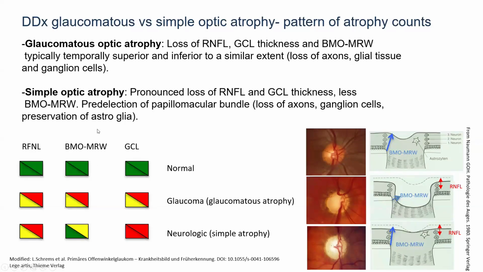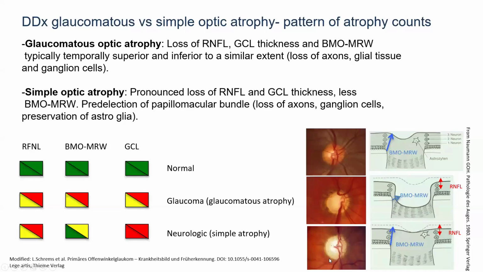This can sometimes be tricky with the rim width due to anatomic changes and variability of the optic nerve head. But then when we go to glaucoma, there has to be some pathology in all three measurements: nerve fiber layer, rim, and ganglion cells.